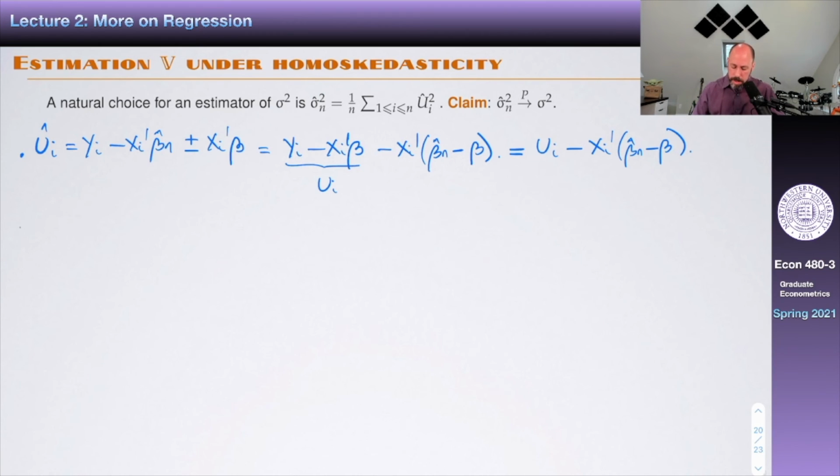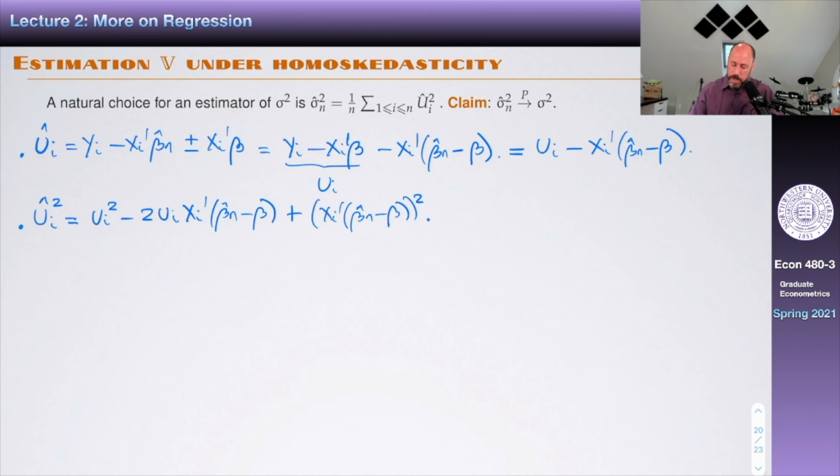Then just take the squares. So if I take the square, then we have ui square minus 2 ui xi prime beta hat n minus beta plus xi prime beta hat minus beta square.